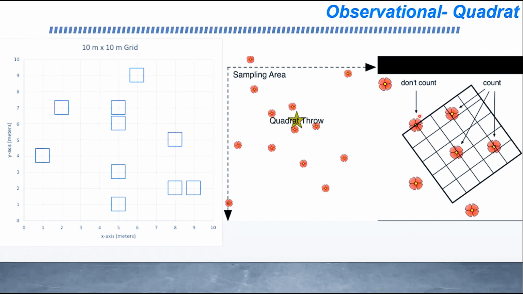So you take this, right, and you throw it into that particular area, place it into the particular area. The thing is, you have to place it randomly, right? And whatever organism or plant comes within that quadrat fully, okay? If it is half, you don't count. Fully, you count them and you measure the richness of a given habitat.